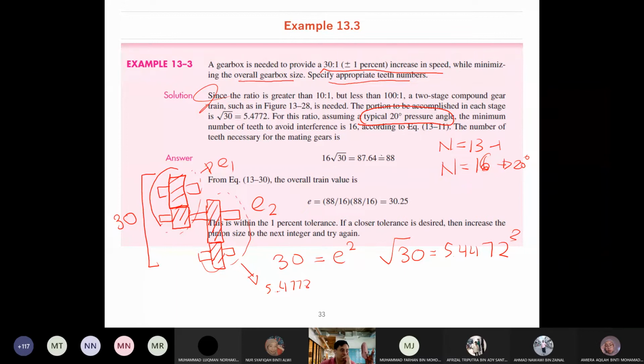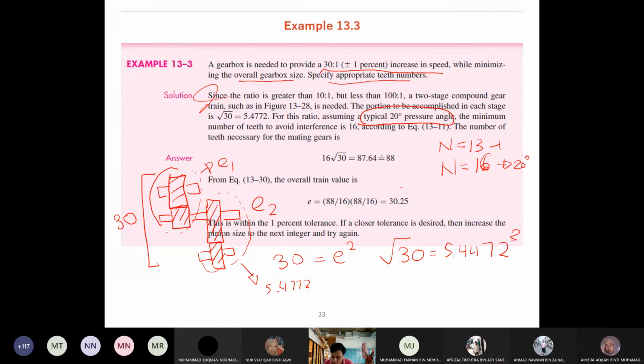So nak tahu macam mana dapat 16 ni, awak kena refer pada textbook lah. Saya tengok kalau I'm taking my textbook, if you look at this, kalau awak tengok pada chapter interference tu, okay, awak refer pada equation 13-12.